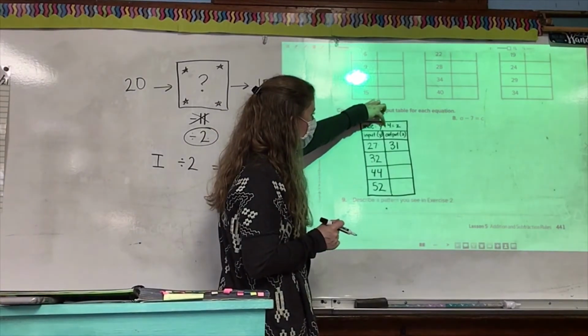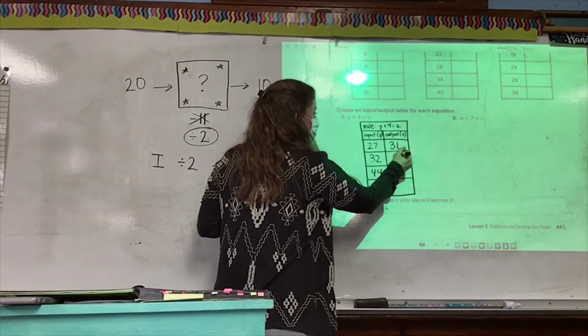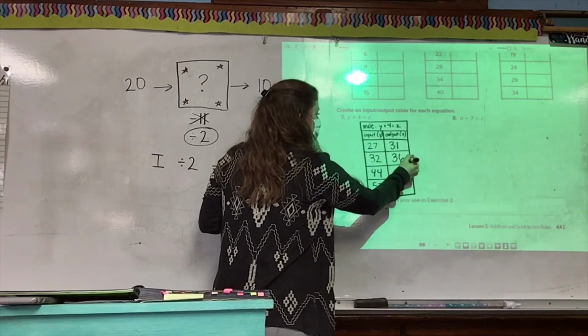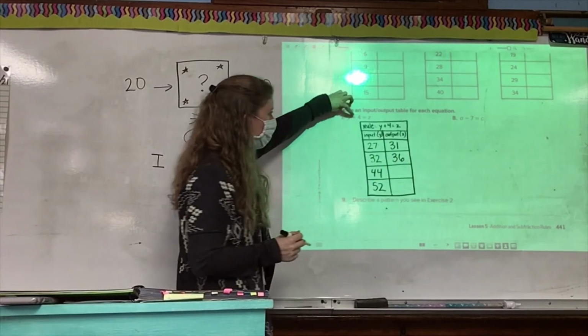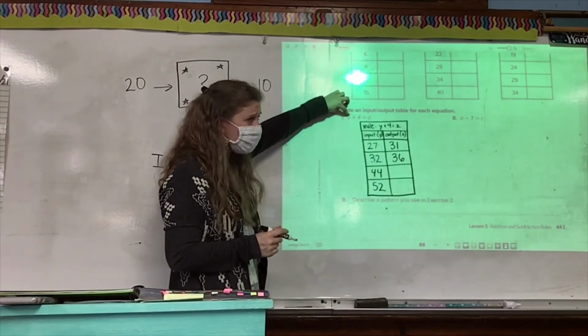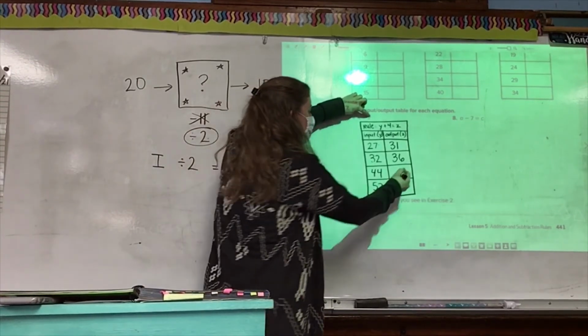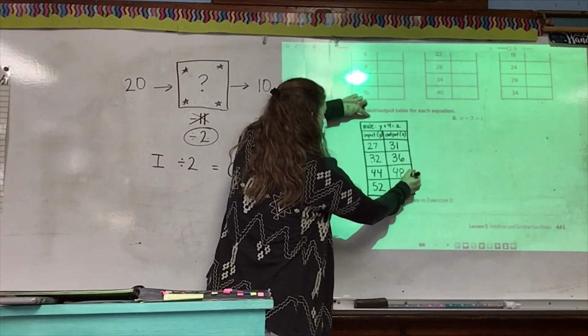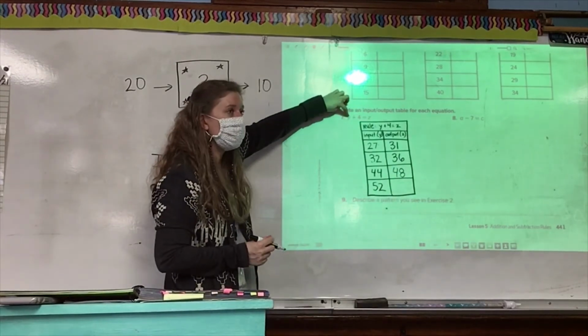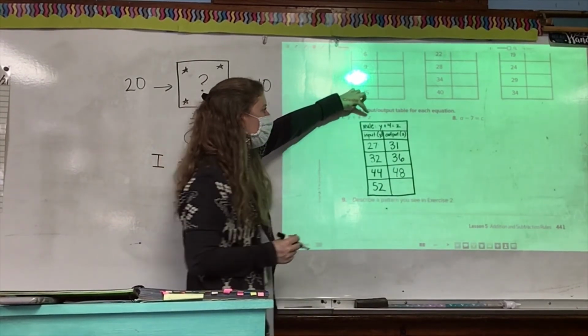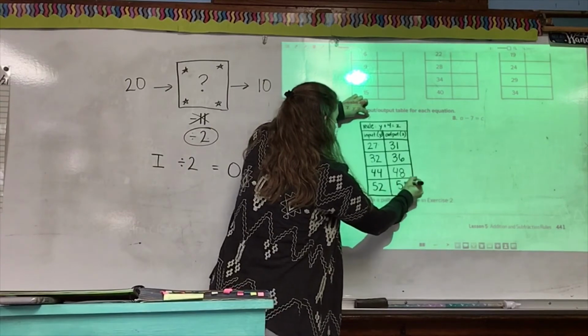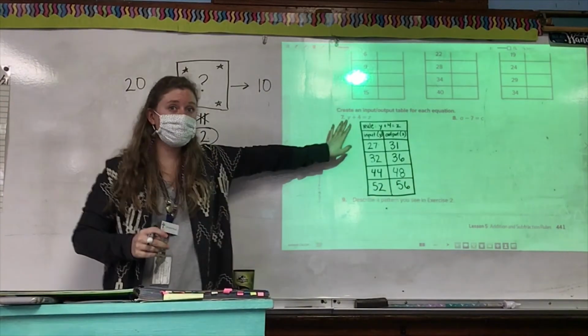So 32 plus 4 equals 36. Next we have 44. Does our rule change? No. So 44 plus 4 equals 48. Our next input is 52. 52 plus 4 equals 56.